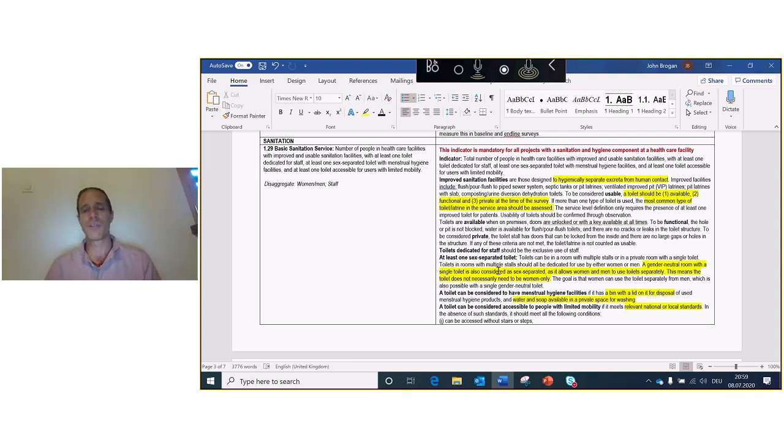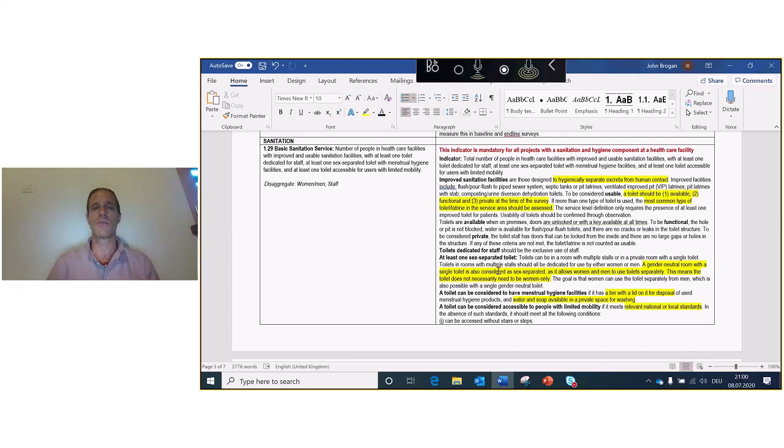Toilets that are dedicated for staff should be for the exclusive use of staff. And here when we talk about at least one sex-separated toilet, you see toilets could be in a toilet block with multiple toilets inside. If this is the case, at least one of those toilets should be dedicated for women, and it should be marked for women use only.